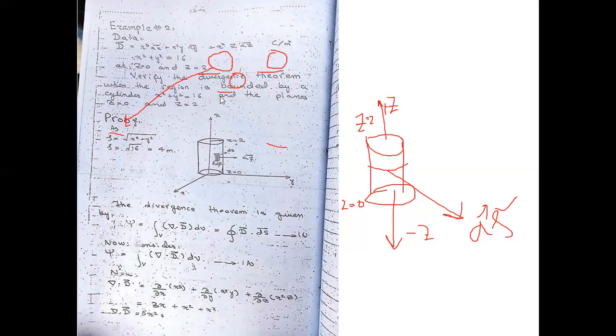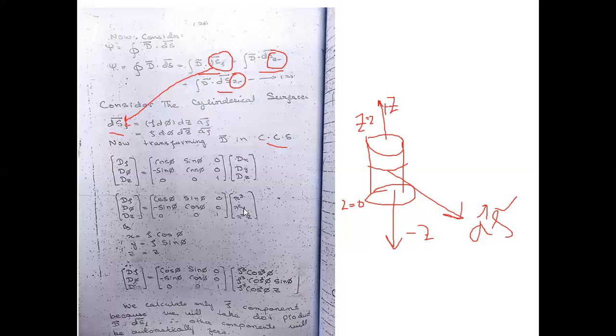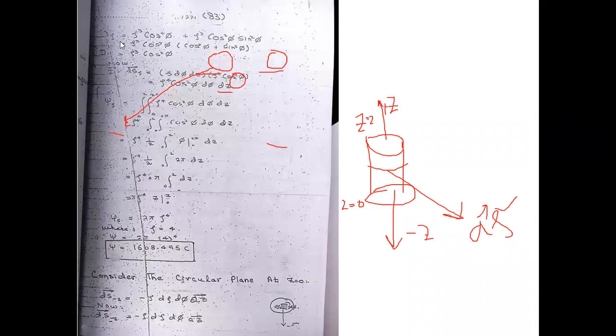So x cubed, x square y, x square z. Now, as we have the limits for rho, phi, and z, replace x equals rho cos phi, y equals rho sin phi, z equals z. So we will get rho cubed cos cubed phi, and this and that. Okay, so rho is equal to this, d rho.